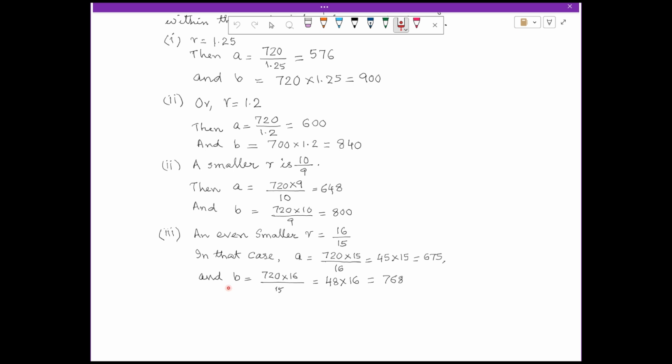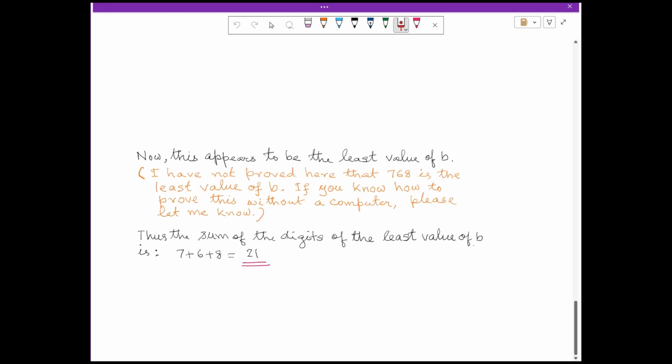And b becomes 720 multiplied by 16 divided by 15, and that becomes 48 multiplied by 16, and that is 768. Check that out of the values of b found, 900, 840, 800, and 768, 768 is the least value.